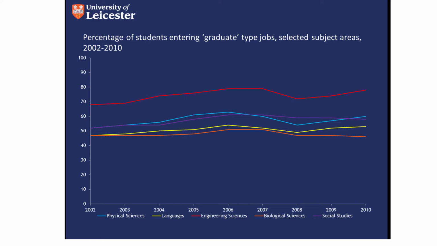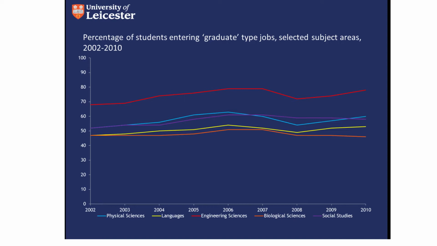This just gives you an indication of graduates who are in graduate and non-graduate jobs. You can see the figures dipped around 2008. So these are those who go into jobs that will be considered the jobs a graduate would do. So these are graduate jobs. The little dip coincided with the recession and downturn in 2008, and that started to recover.